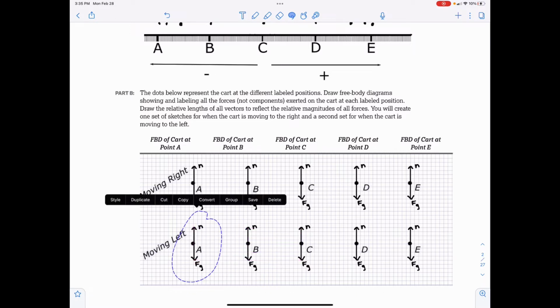So I'm just kind of setting that up for each picture just to make the rest of the pictures easier.